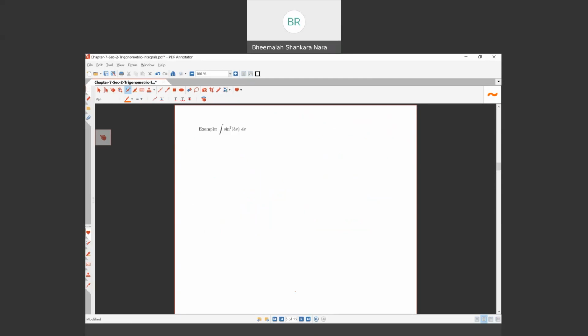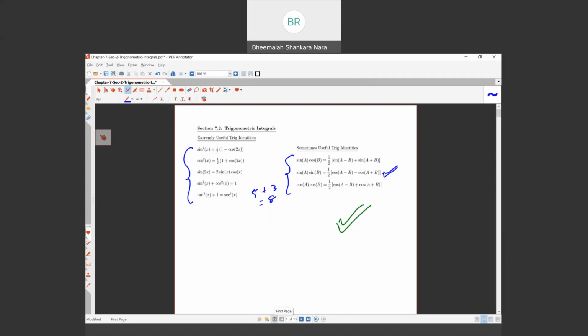The next one is sine square 3x. So let me rename this angle 3x as angle A. Now I write sine square A equals 1 half times 1 minus cosine 2A. So this is the formula I want to use, and here is that formula. Sine square x is 1 half times 1 minus cosine 2x, the very first identity.